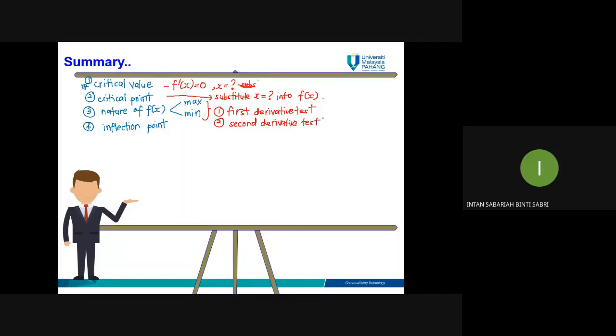For the first derivative test, you construct a table consisting of discrete x values, f prime x, and also the slope. The maximum and minimum point you get from the slope.